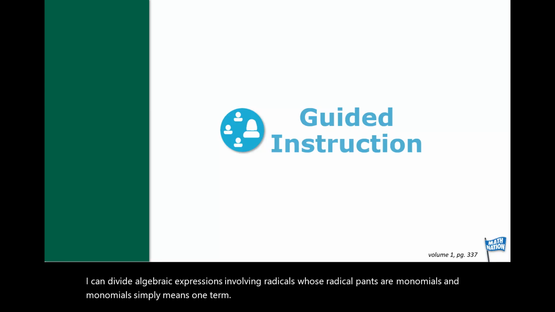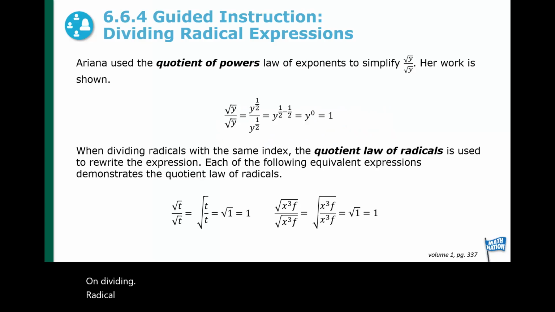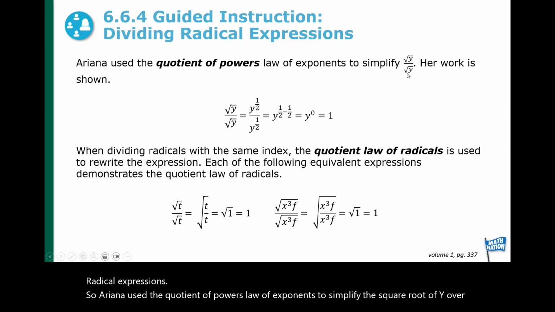So let's look at some guided instruction on dividing radical expressions. Ariana used the quotient of powers law of exponents to simplify the square root of y over the square root of y. Her work is shown.